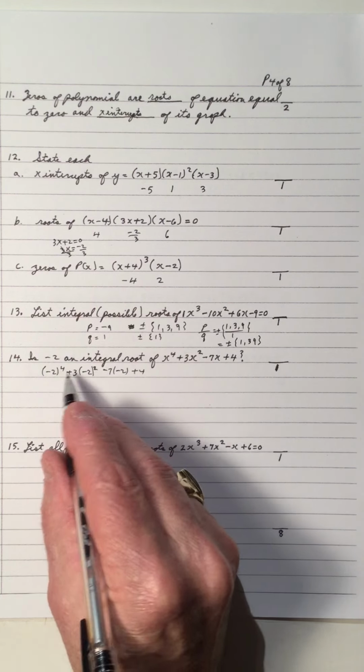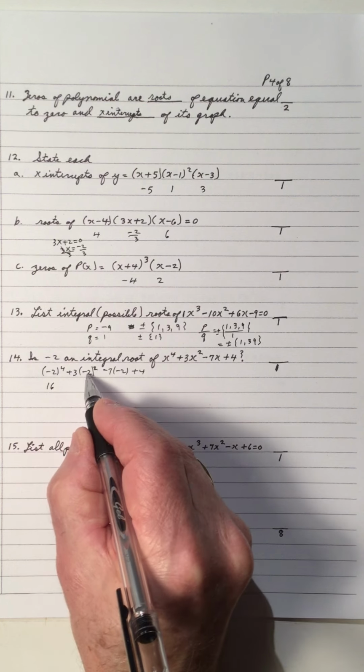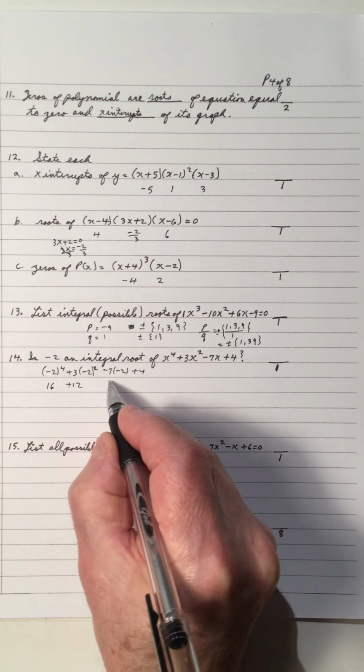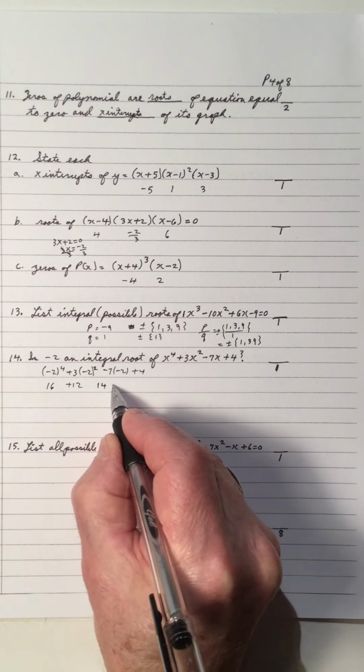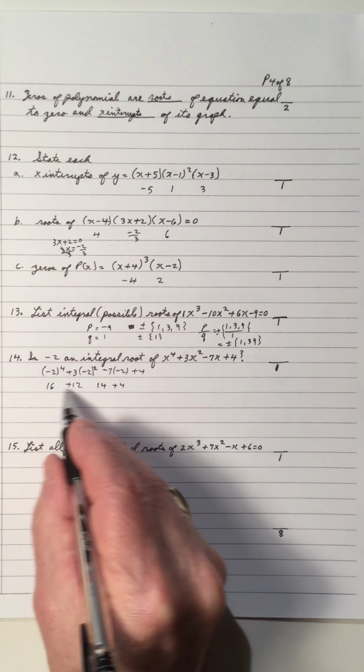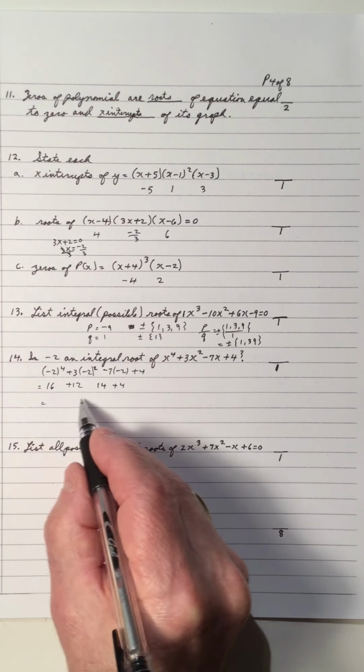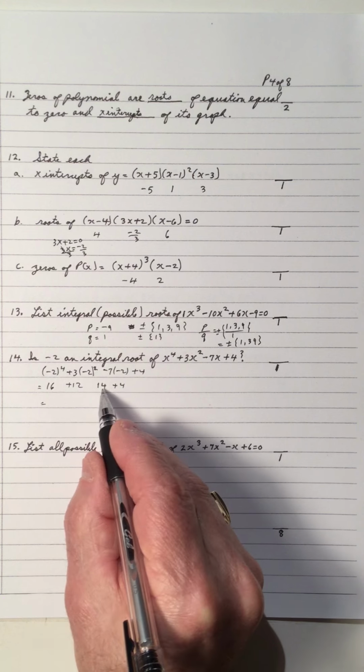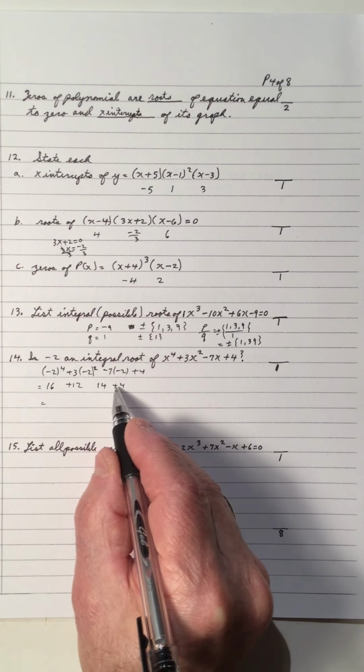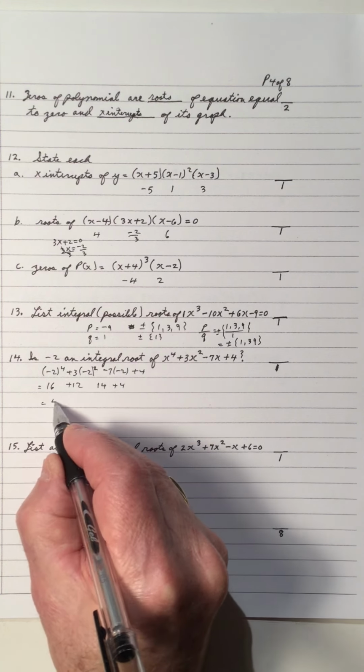Perfect. And that's a 16, that's a 12, and that's a 14, and that's a 4. And notice, they add up to be 16, that's 18, 30, that's a 46.